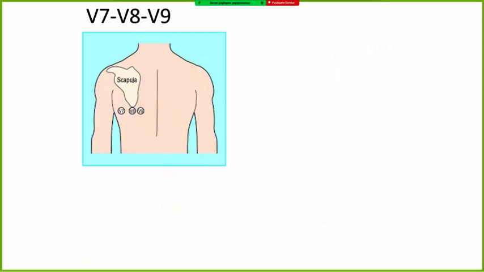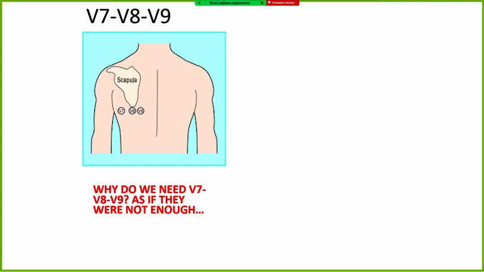And there is also an optional derivation that we use sometimes in order to evaluate the back wall or posterior wall of the heart. Since the heart is placed like this in our chest, if there is anything wrong with the back wall of the heart, we have to look from behind the heart.